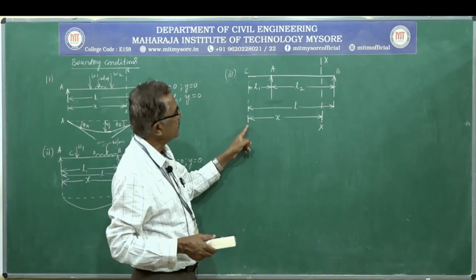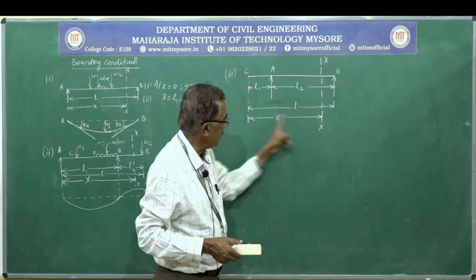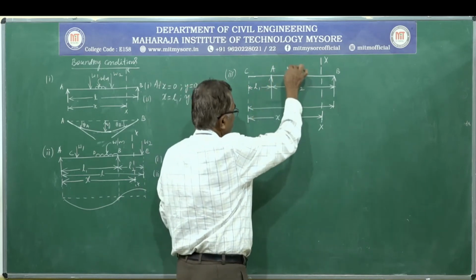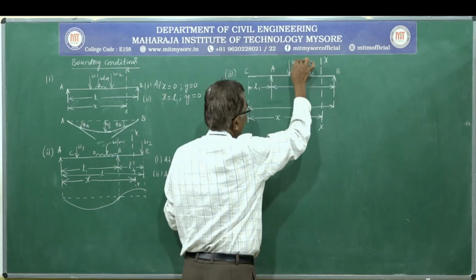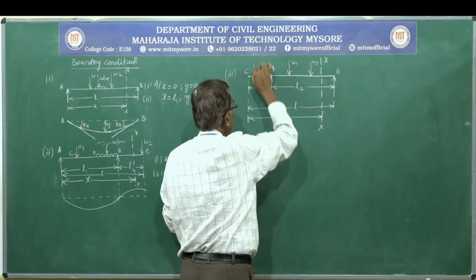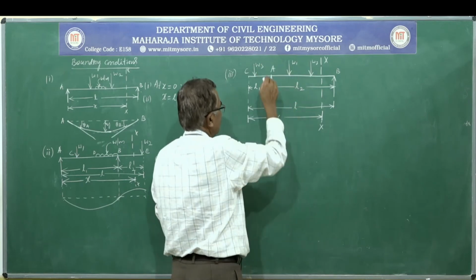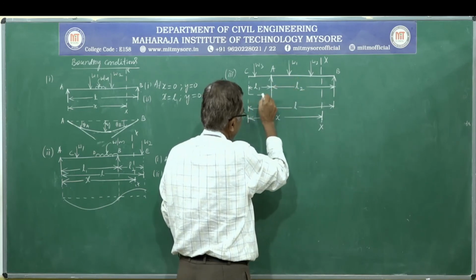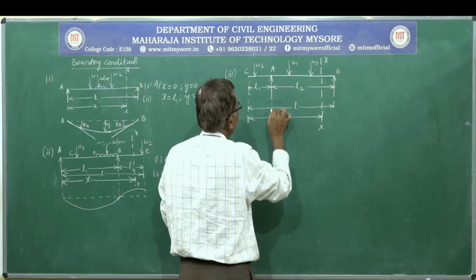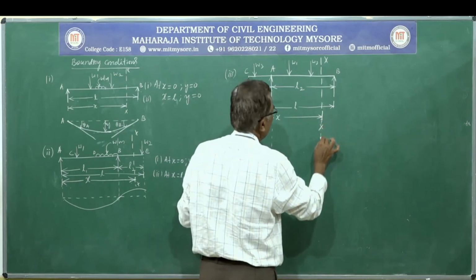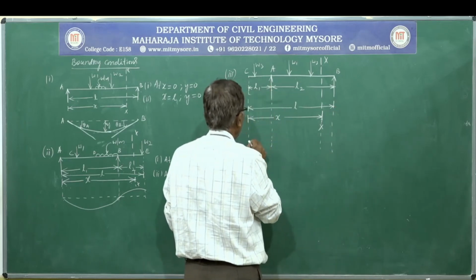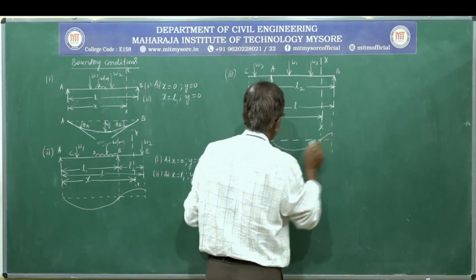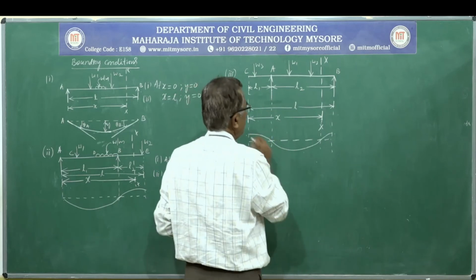Here again x varies from 0 to L. Now if you consider this loading pattern, say W1, W2 or a load acting somewhere here, W3 something like that, the beam will bend like this. See here the displacement condition.